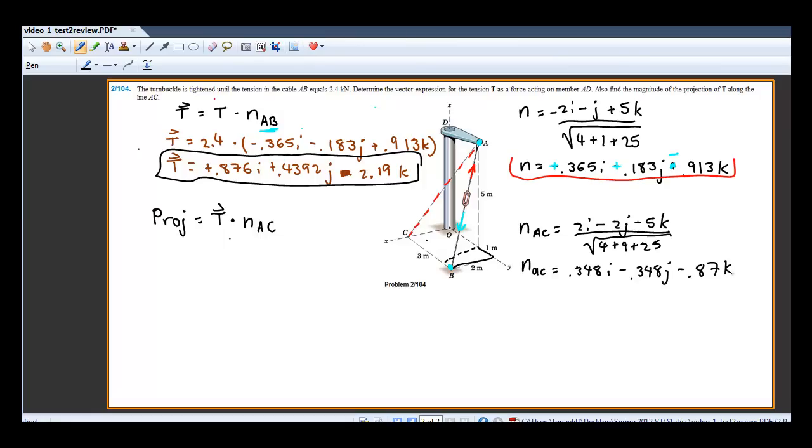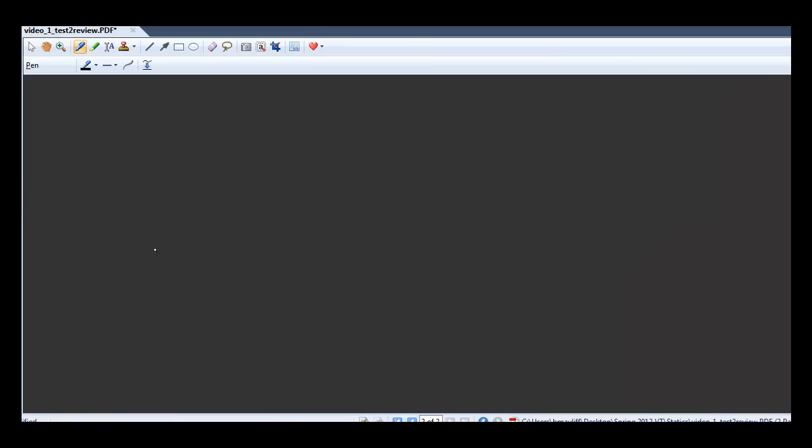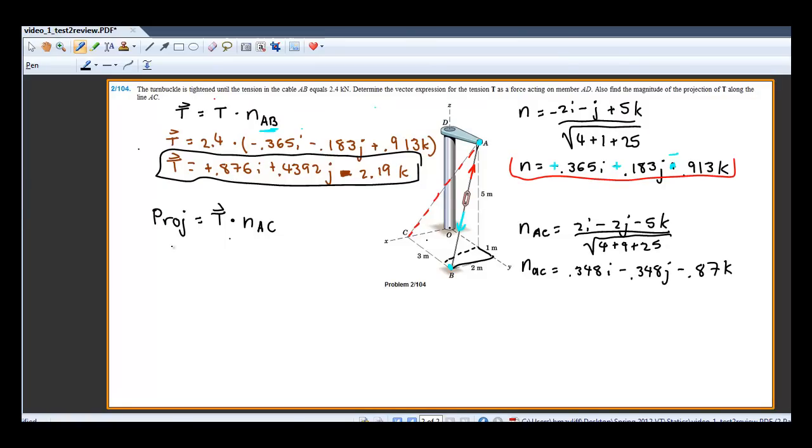Then we simply multiply it out. The projection equals 0.876i plus 0.4392j minus 2.19k, dotted with 0.348i minus 0.348j minus 0.87k.